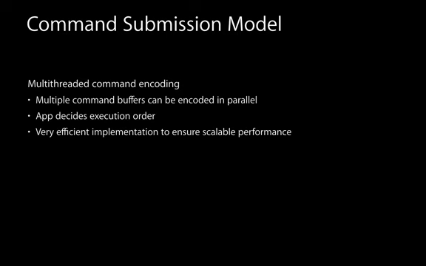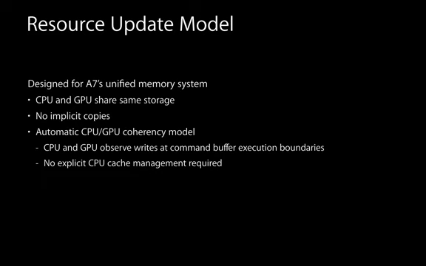So that's the commands. Next, we're going to take a look at the resources, the memory, the objects in the API for specifying data. Now, we've designed the resource model in Metal explicitly for the A7's unified memory system. This means that the CPU and the GPU are sharing the exact same memory for exchanging data. There's no implicit copies. We're not coming in behind the scenes and taking the data and moving it somewhere else for the GPU to see it.